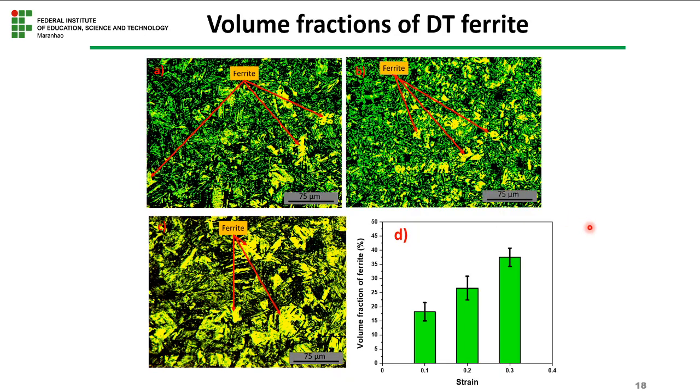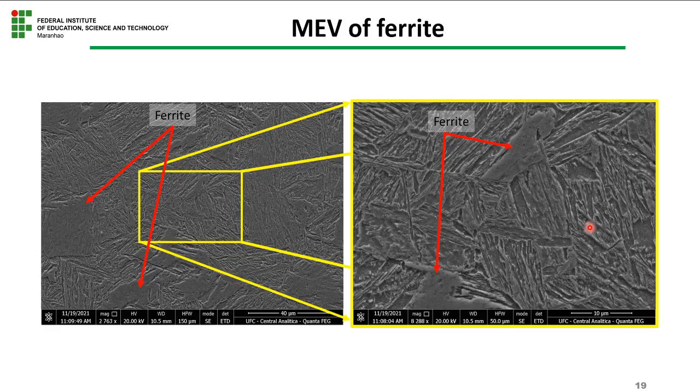So it confirms that the indirect method to calculate the volume fraction from the optical microscope image is an accurate process to detect the volume fraction of ferrite due to dynamic transformation.